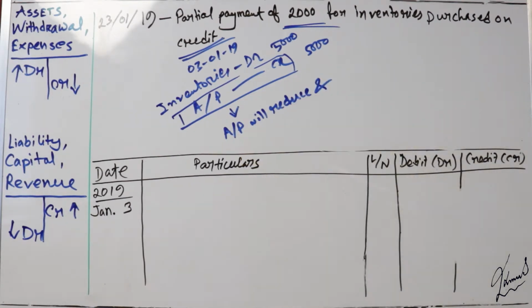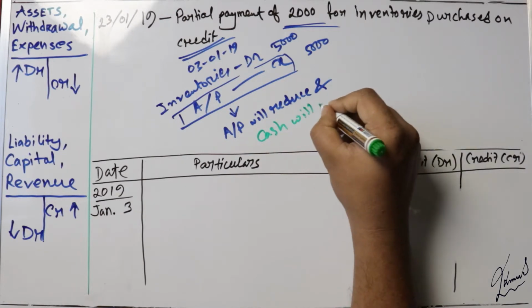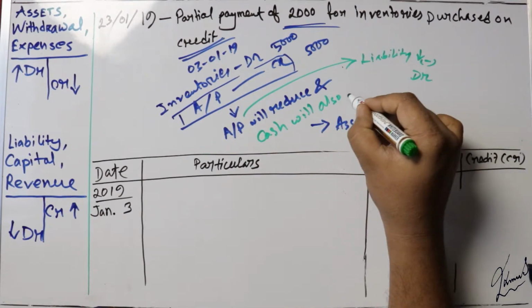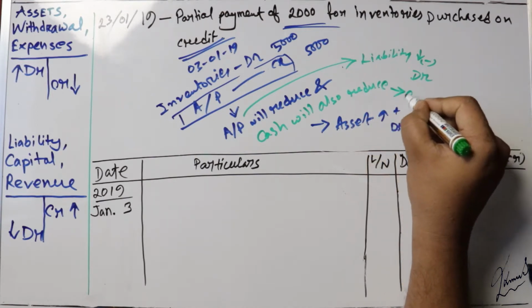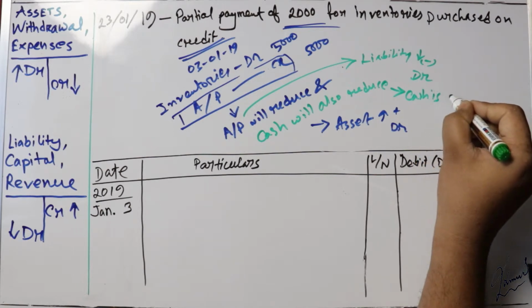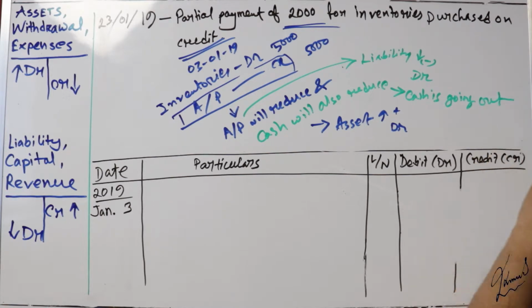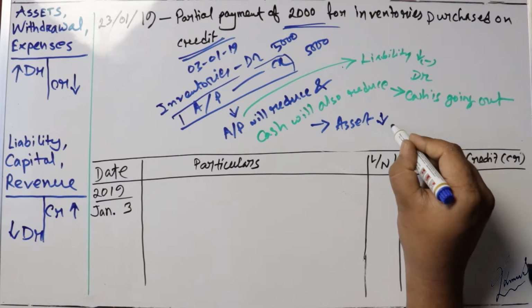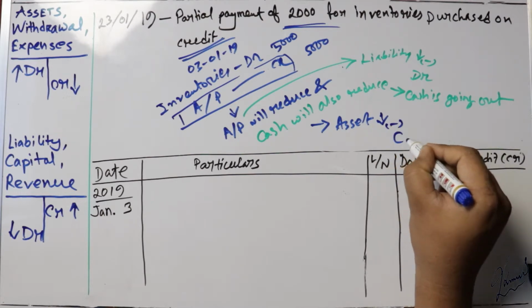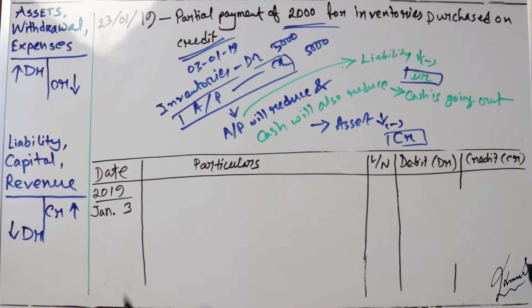Accounts payable is a liability, and liability is decreasing here, so debit, and cash is going out of the organization, and it is an asset, so the asset is also decreasing, so it is credit. So we have both debit and credit account. Debit is accounts payable because it is decreasing, and credit is cash.